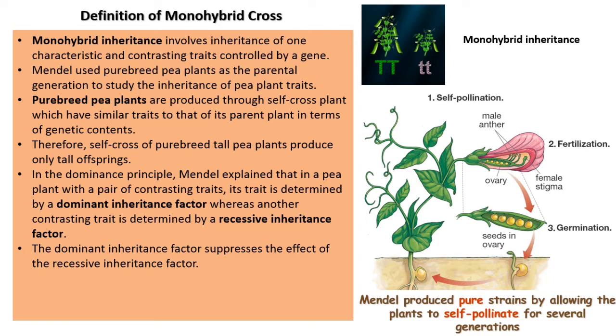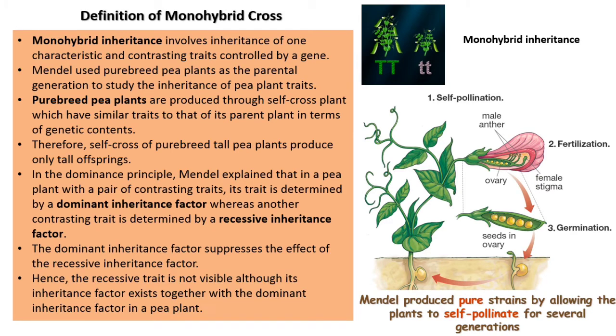Maksudnya bila ada ciri-ciri dominan, dia akan menenggelamkan recessive factor tu. Hence, the recessive trait is not visible, although its inheritance factor exists together with the dominant inherited factor. Untuk lebih faham, kita akan tengok next slide.